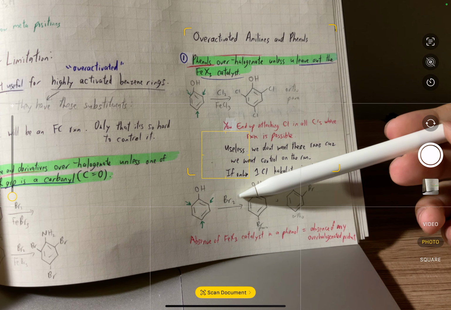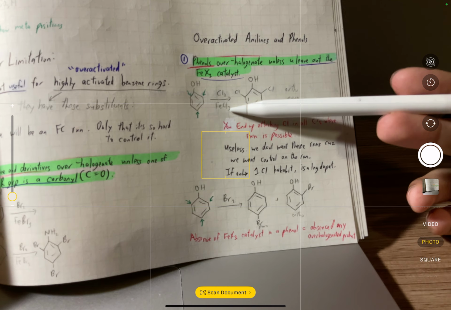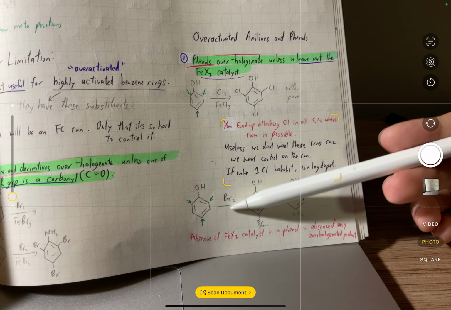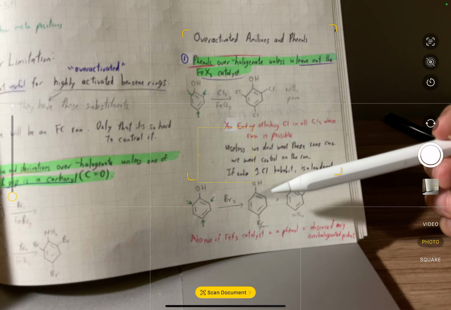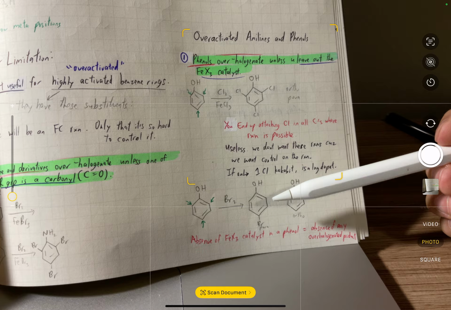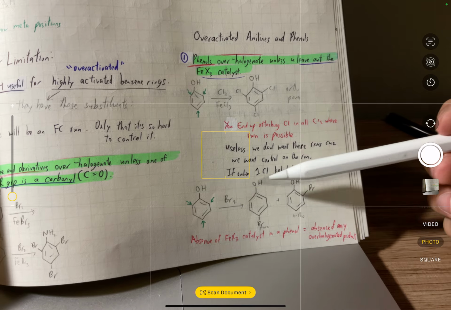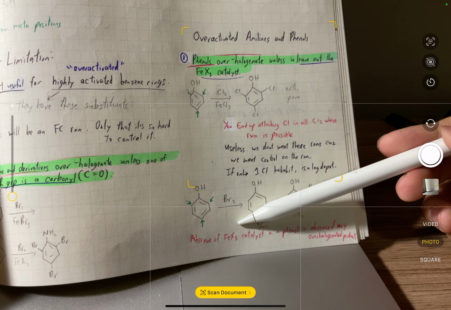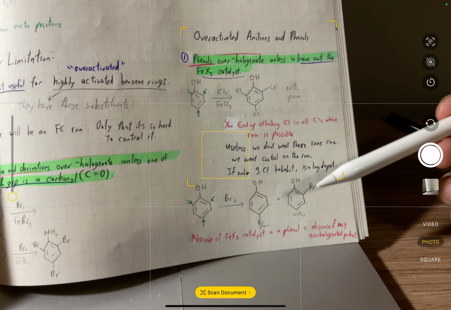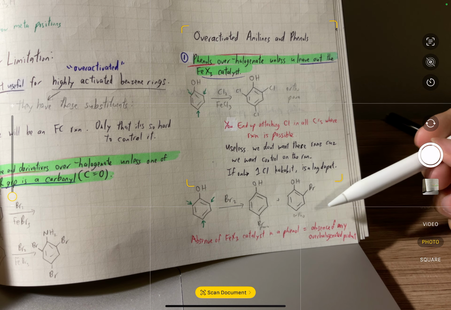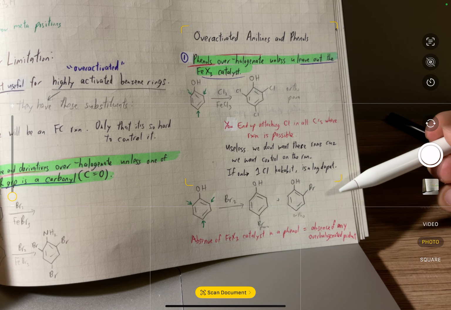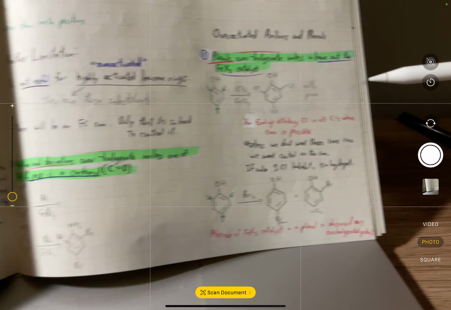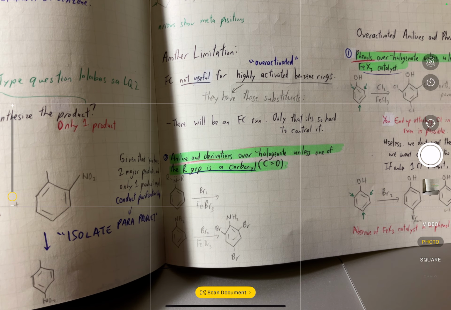They're both halogens. The only difference is that you left out the FeX3 catalyst. What happens is overhalogenation is prevented. You have your ortho and para product. So the absence of the FeX3 catalyst in a phenol is equal to the absence of any overhalogenated product. Okay, so that's clarified already.